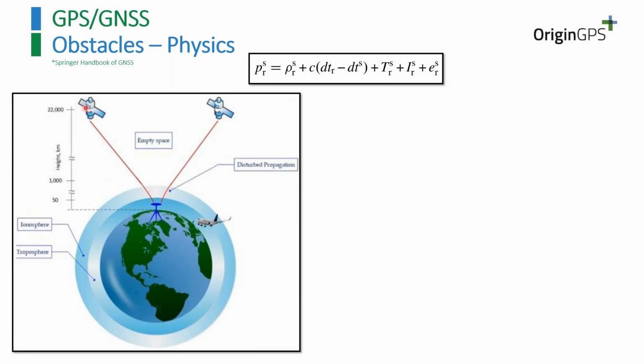You can see here that the satellites are around 22,000 kilometers higher than us. And then we have a few types of atmosphere, for example, ionosphere or troposphere, that disturb the signal quality and affect this calculation.